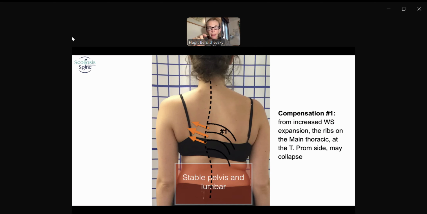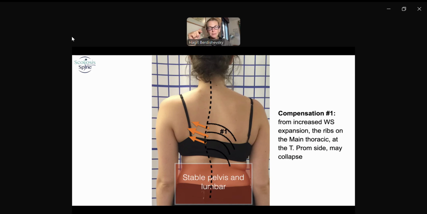Why is it not good to have the ribs collapse on the right? Because if the ribs collapse in the frontal plane, they are going to collapse in a circular way all the way on the right side to the sternum. So the ribs are a semicircle on the right side from the spine to the sternum. When they are collapsed, they are also collapsing the front of the patient.